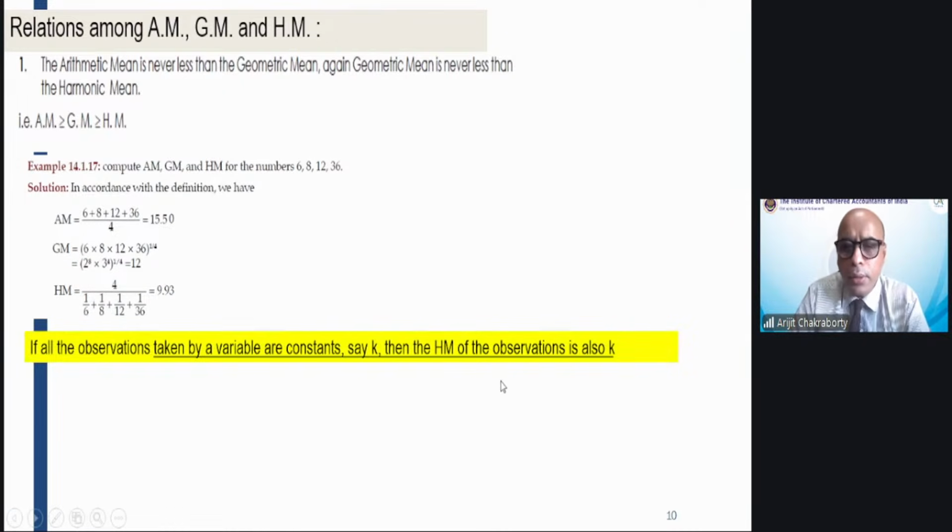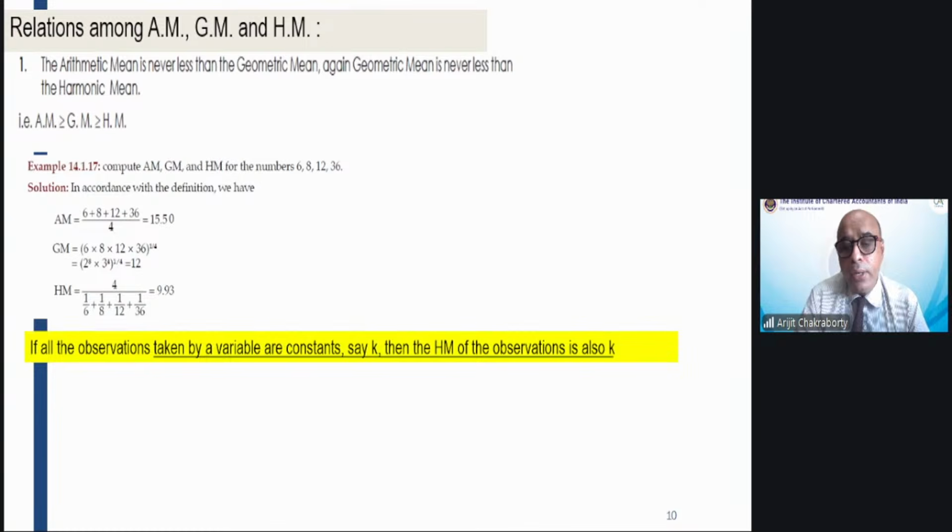Now the second relationship, if all the observations taken by a variable are constant, that means the number x does not vary. Say it assumes only one value and the value say is k, x is equal to k.